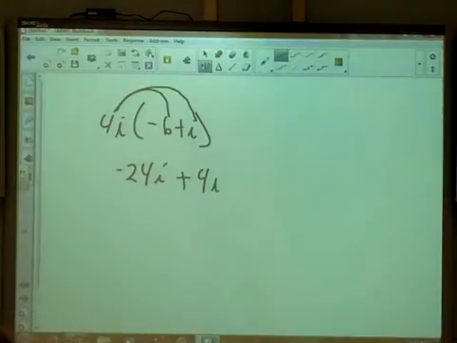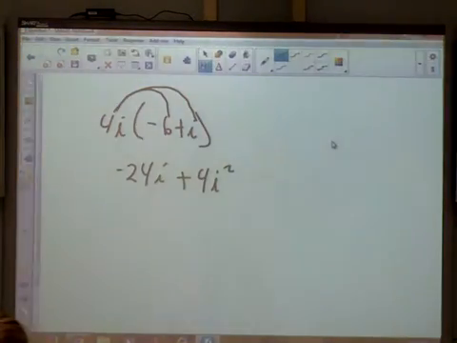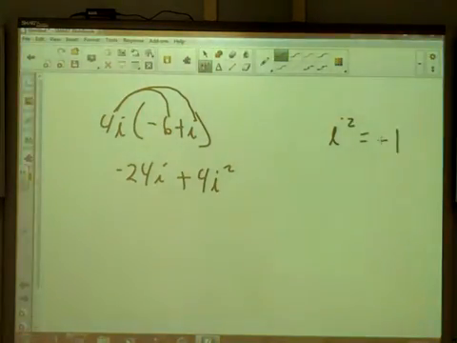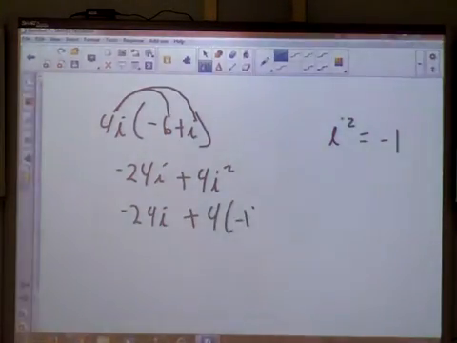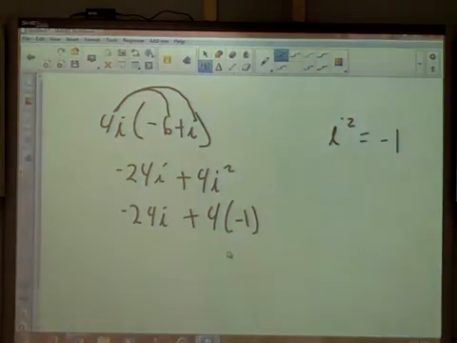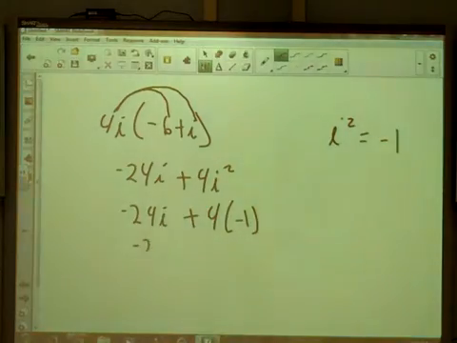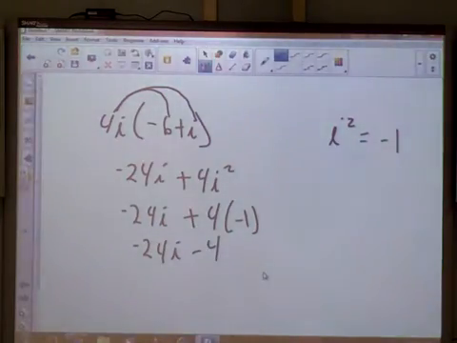So that'll be 4i squared. Right? i times i, just like x times x is x squared. Now on the first page of this note, you wrote down that i squared is the same as negative 1. So this means now negative 24i plus 4 times negative 1. Took the i squared out and put the negative 1 in. What's 4 times negative 1? So I got negative 24i plus negative 4, which is the same as minus 4.